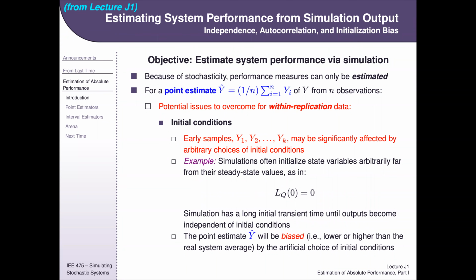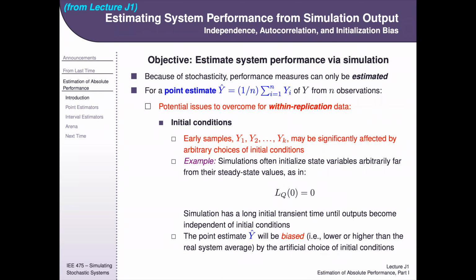The other thing that I have to worry about with within replication data is this bias effect, the effect of initial conditions. Say simulations initialize variables to 0; this is often the case. Usually when you start your sim, no one's in the queue. You can go into Arena and make it so that you start out with people in the queue, but that's a bunch of extra work. So normally you start out and no one's in the queue.